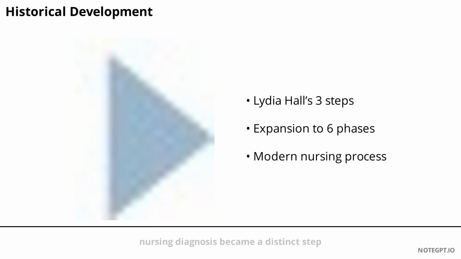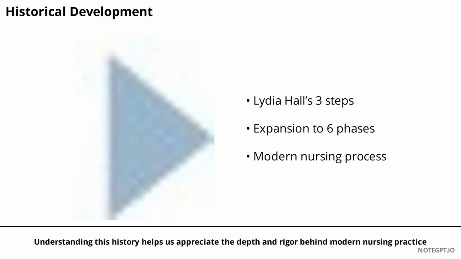By 1974, nursing diagnosis became a distinct step, and in 1991, outcome identification was added. Today, the nursing process consists of 6 phases: assessment, diagnosis, outcome identification, planning, implementation, and evaluation. Understanding this history helps us appreciate the depth and rigor behind modern nursing practice.